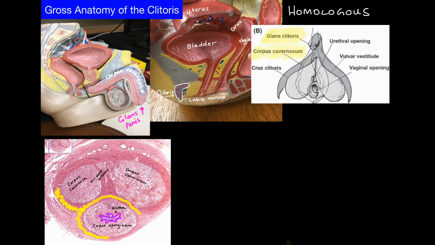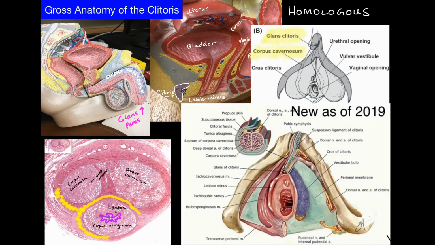So remember when we looked at a cross section of the penis, the corpus cavernosa were these two tubes of erectile tissue that were paired down the dorsal portion of the penis. So what's interesting is if we take a look here at an image of the clitoris, we can actually see a section through it.